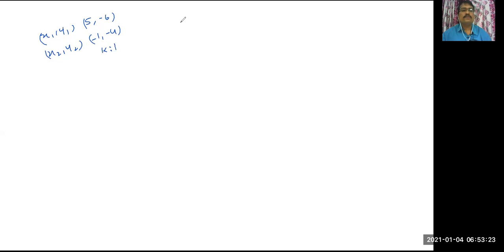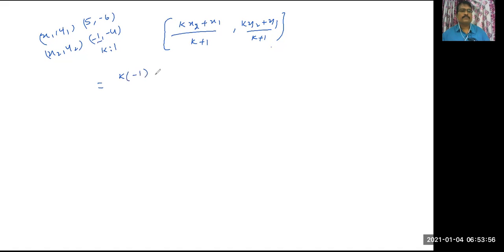So as usual the formula, మళ్ళీ రాస్తున్నాను, kx2 plus x1 by k plus 1 and ky2 plus y1 by k plus 1. Y axis ఈ విధంగా డివైడ్ చేస్తుంది. Here k is k, x2 is minus 1 plus x1 is 5 by k plus 1.